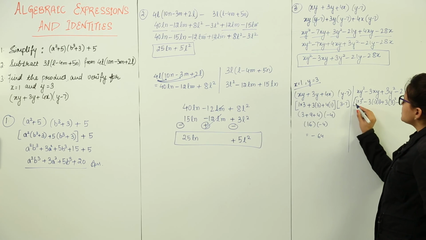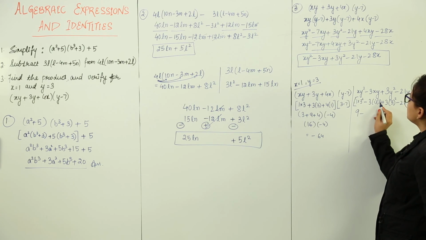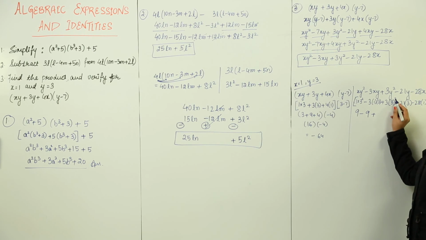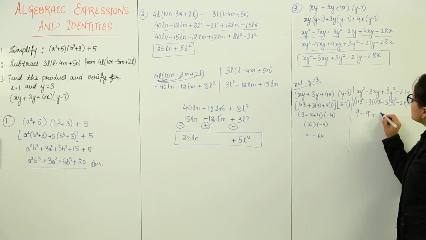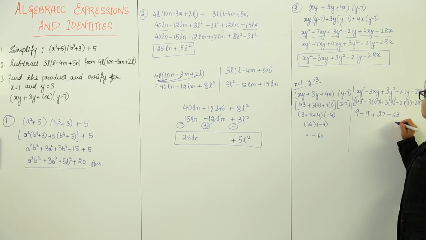Now what is this coming out to be? 3 square is 9, 9 into 1, 9 minus 3 ones are 3, 3 threes are 9 plus 3 into 3 square? What is 3 square? 9, 9 threes are 27 minus 21 threes is 63 minus 28.